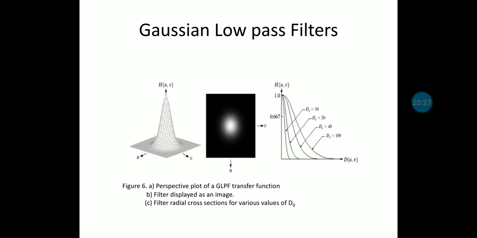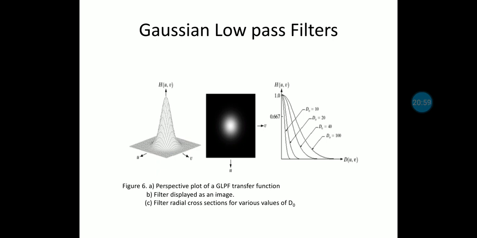So we can see the clear difference in the perspective plot of the GLPF transfer function, then the filter displayed as an image, and the last representation shows the characteristics of the Gaussian low pass filter, the filter radial cross section for various values of D naught.